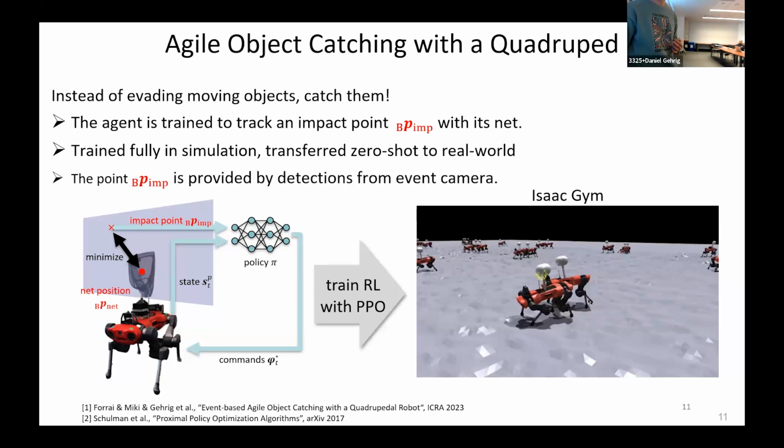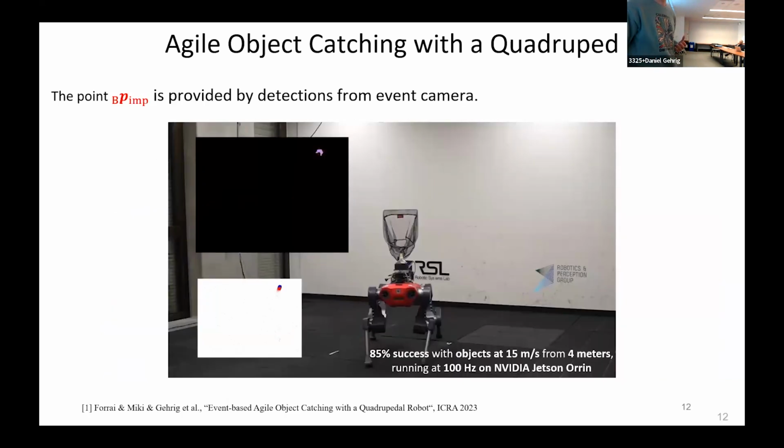So how do we now recover this impact point given a vision front end? Here I show you again the algorithm that I discussed before. On the top we have the moving object detection algorithm running at 100 hertz.